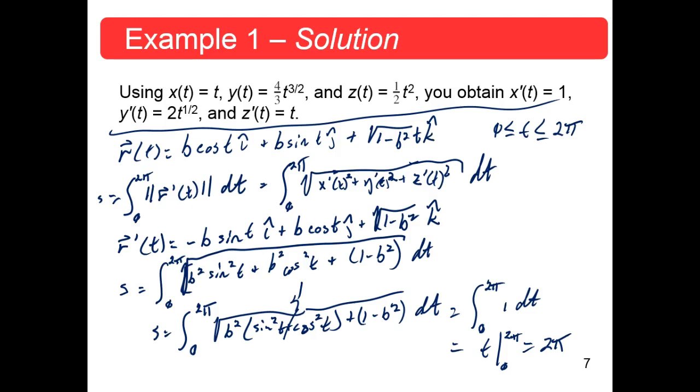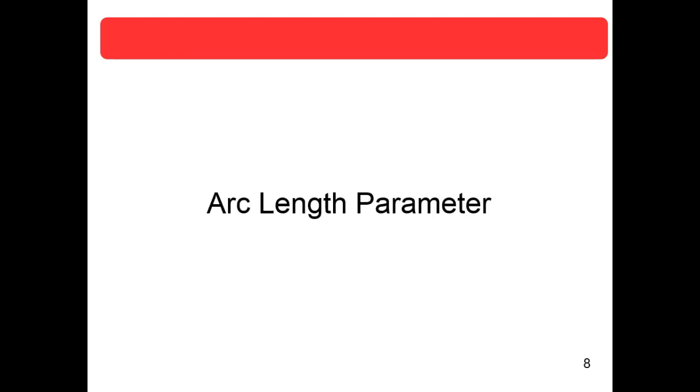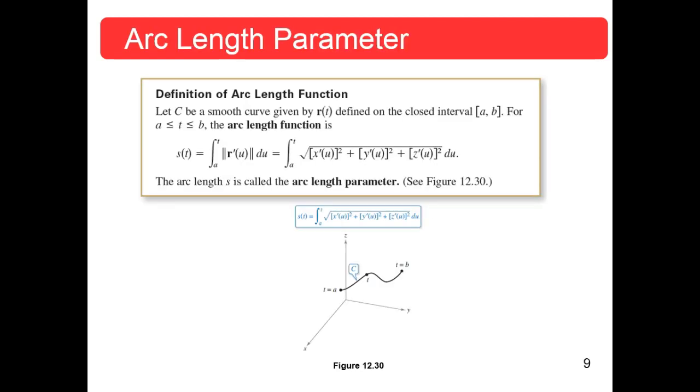I don't know that. But anyway, let's go on to arc length parameter. We've already done this first example, because that was the second example. The arc length parameter. So here is the definition of the arc length function. Seems like a pretty reasonable definition. It's almost just like what we were doing.